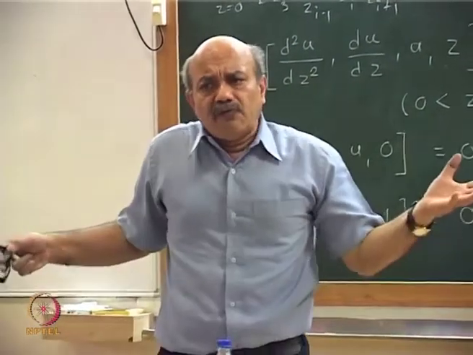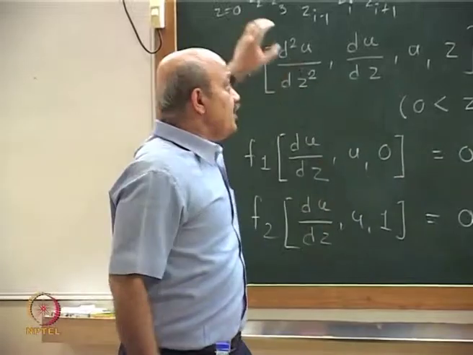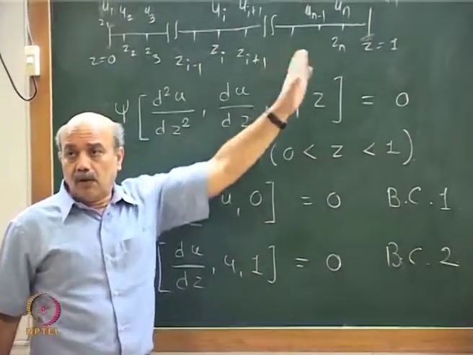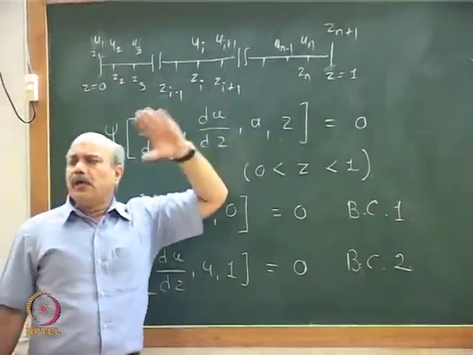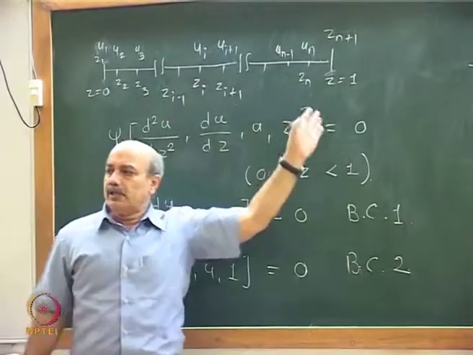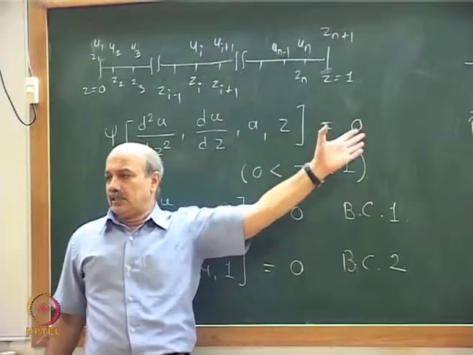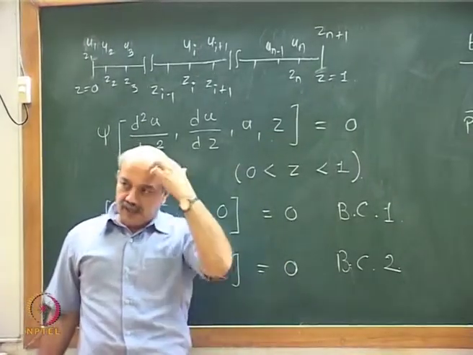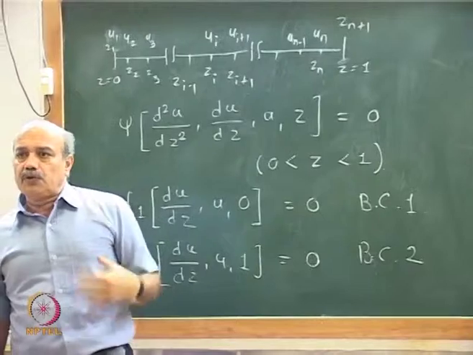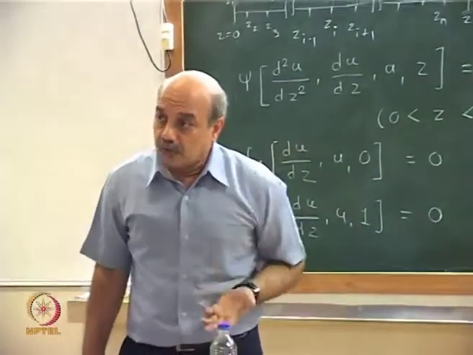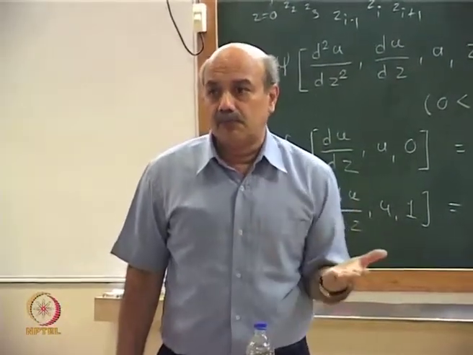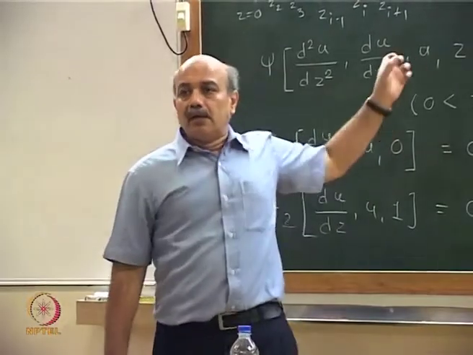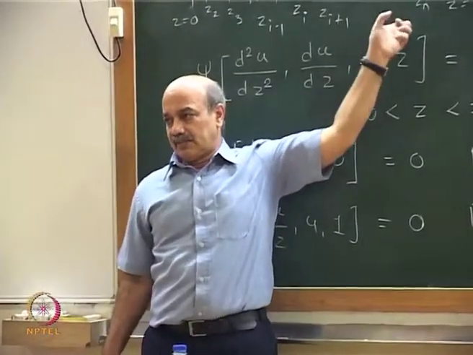Why shifted Legendre polynomial? Why not place them at, say, regular intervals and so on? It has been found that if you place them at the roots of the shifted Legendre polynomial, then the approximation errors are low. So the reason for choosing roots of the orthogonal polynomial is to get smaller approximation errors.